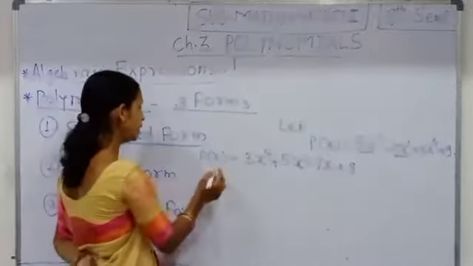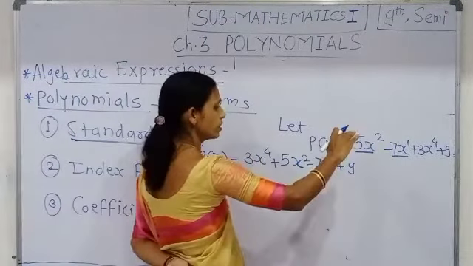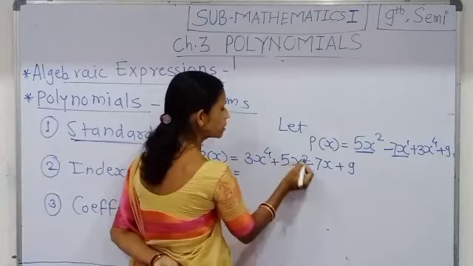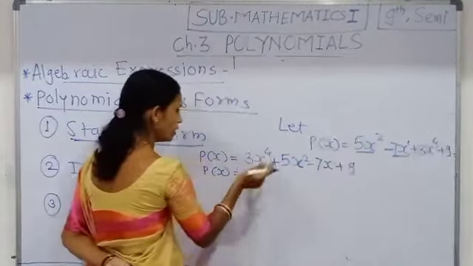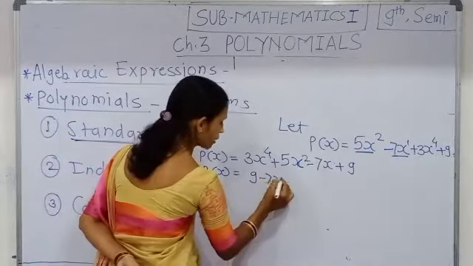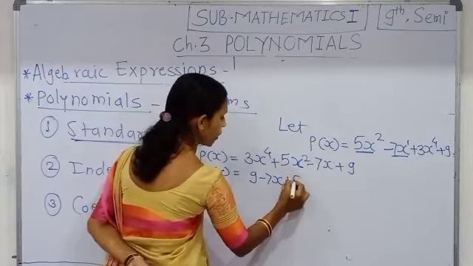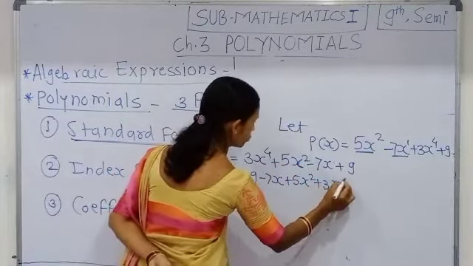Or we can write the same polynomial in the ascending order of the degrees of variables in each term. Therefore 9 minus 7x plus 5x square plus 3x raised to 4.